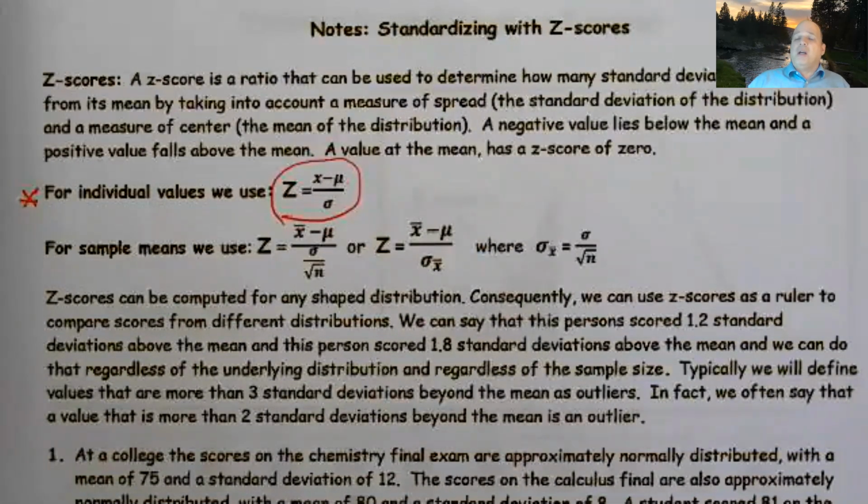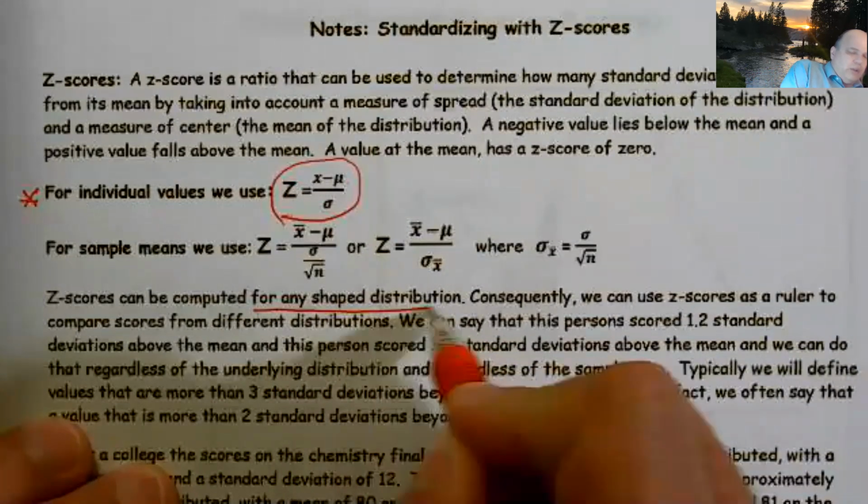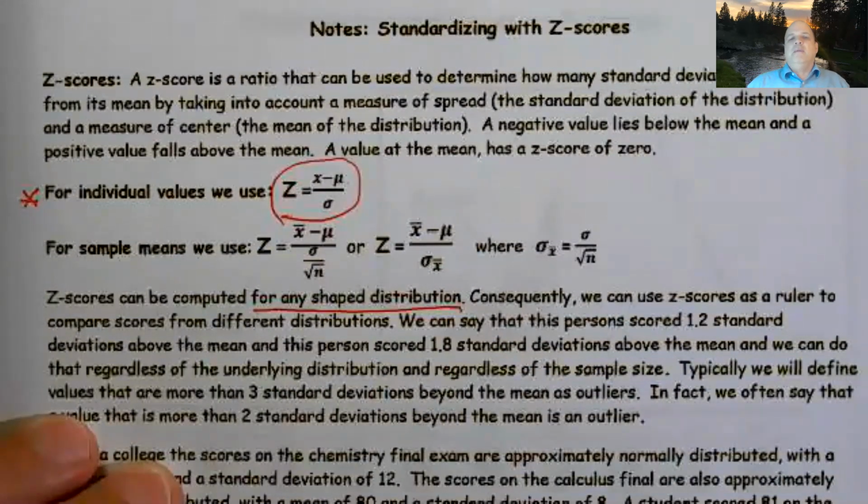Now, the cool thing about a z-score is you can use it for any shape distribution. It doesn't matter whether it's skewed or normal or uniform. We can use a z-score, and then we can compare other distributions.